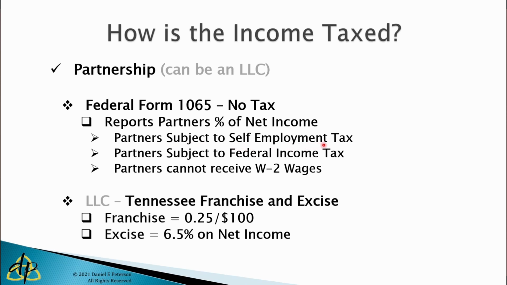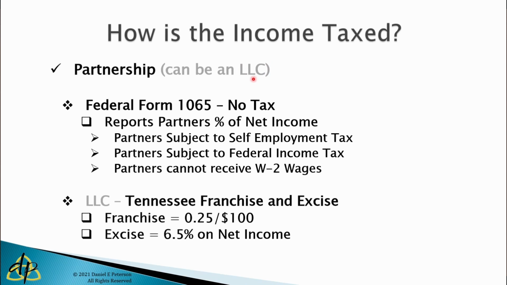The individual tax return will then calculate the self-employment taxes associated with their percentage of the net income along with the federal income taxes. Partners should not be receiving W-2 wages. They are not employees of a partnership. They are partners, owners who receive distributions or perhaps guaranteed payments, or a combination of both.